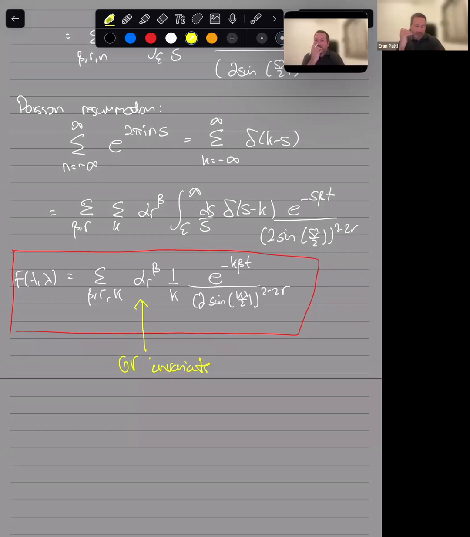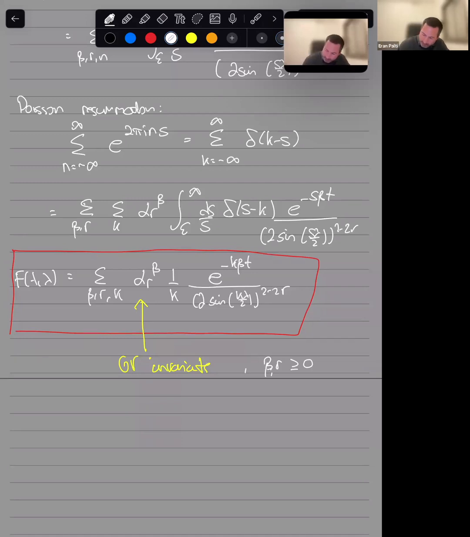Okay. Now this form of the expression shows some of the issues. Yes, beta and r positive. K is an integer.